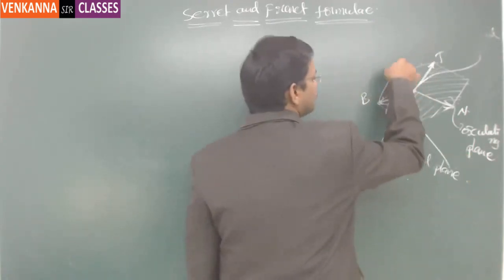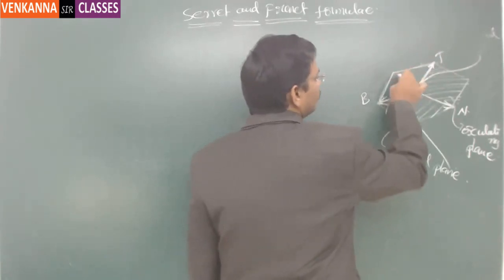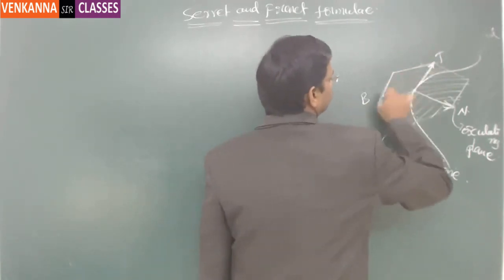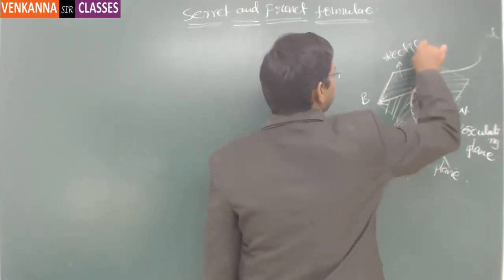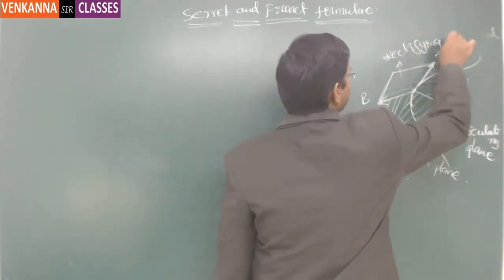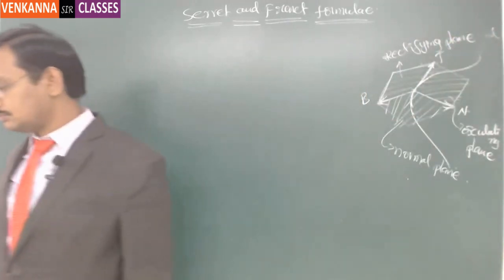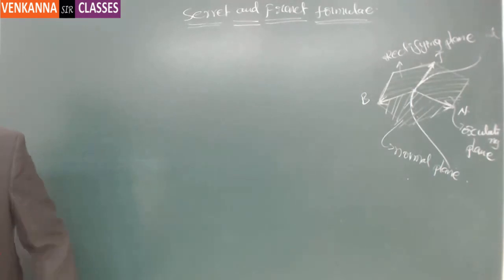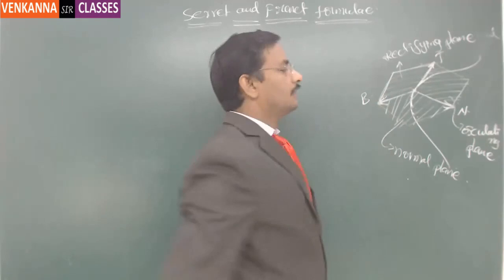And then this one which contains binormal and tangent is called the rectifying plane. Right? So this is what is called the rectifying plane.